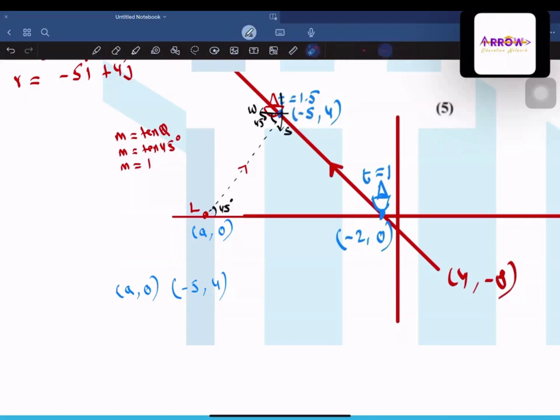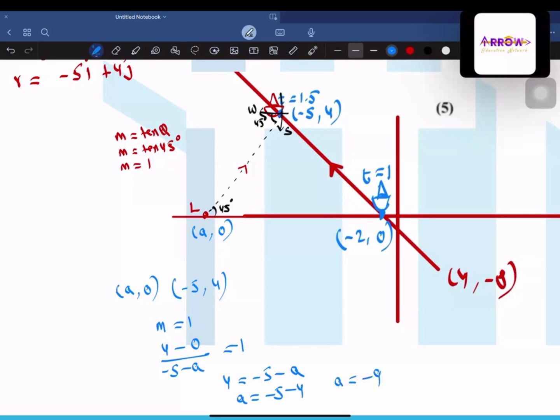The gradient of the line connecting these 2 points is positive 1, so m equals 1. So y2 minus y1 over x2 minus x1 equals 1. So 4 minus 0 divided by minus 5 minus a equals 1. So 4 equals minus 5 minus a, meaning a equals minus 5 minus 4. So a is minus 9.